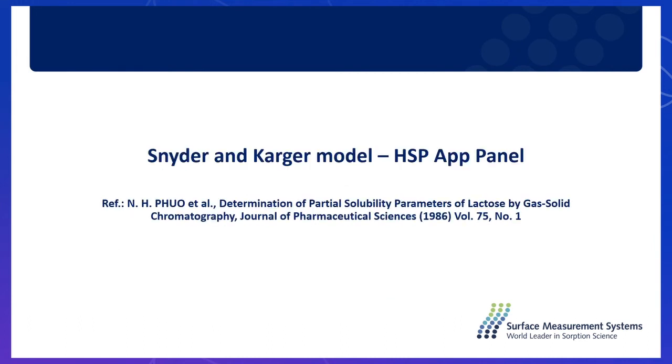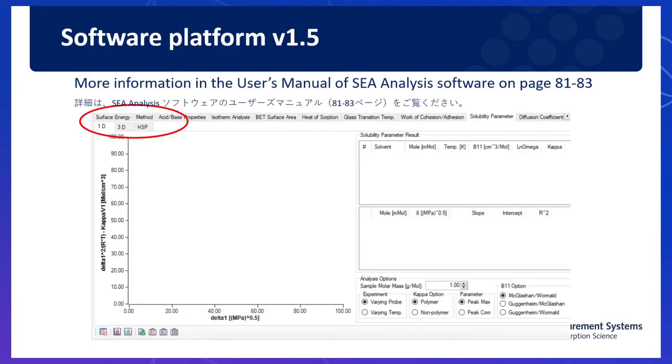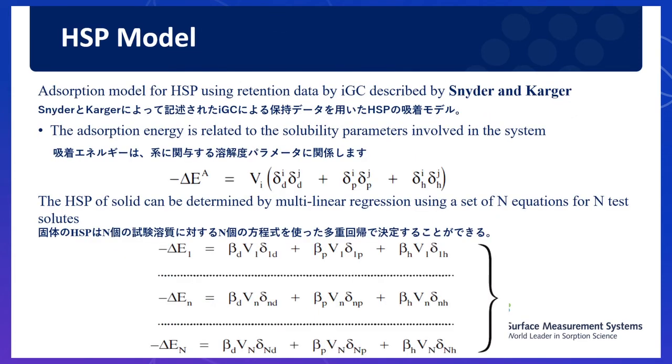The last application I will show you, which we recently added to the software, is the Schreiber-Karger model. And you can see this is how it looks in the software. So the HSP is the latest model. This method is based on the adsorption energy of different organic solvents, which is related to the solubility parameters.